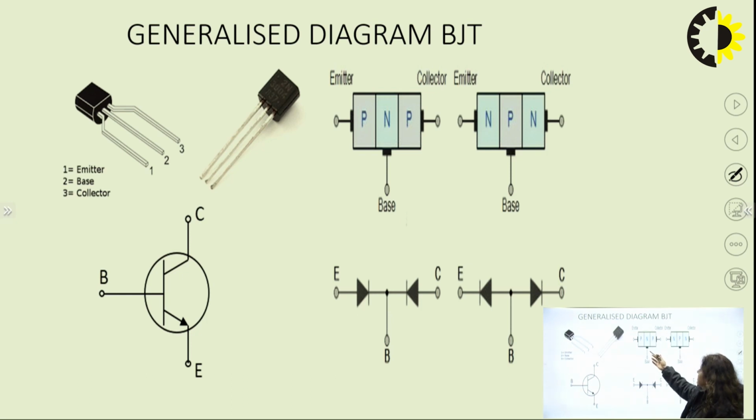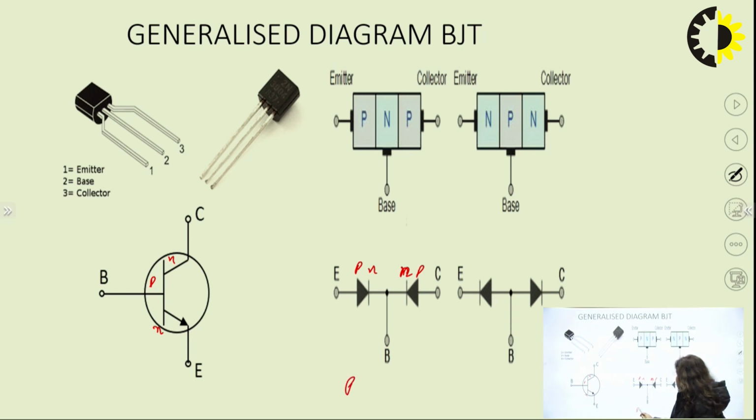Both are the same thing: PNP type with emitter, base, collector. Similarly NPN type with base, emitter and collector, and we can also show it by a circular structure, like emitter, base and collector, and here also this is NPN. The current will flow from P to N side. Here the emitter is connected with one PN junction diode, and the base is connected with another PN junction diode. This is P, this is N, this is again N, this is again P, so it gives you the PNP type of BJT structure.